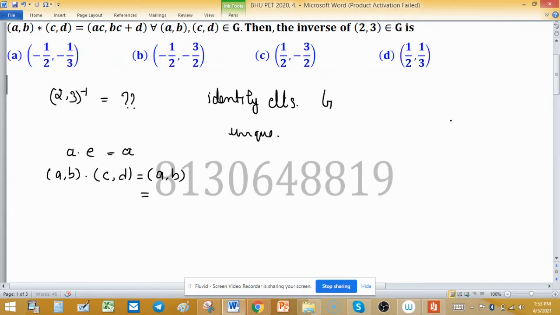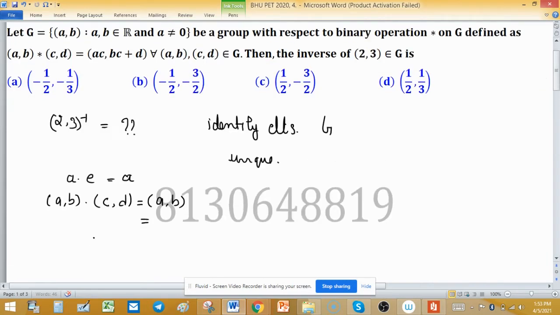How do these two elements combine? By the definition of the binary operation, you can see (ac, bc + d) is equal to (a, b). And these two ordered pairs are equal. It means ac equal to a and bc + d is equal to b. Now solve these two.